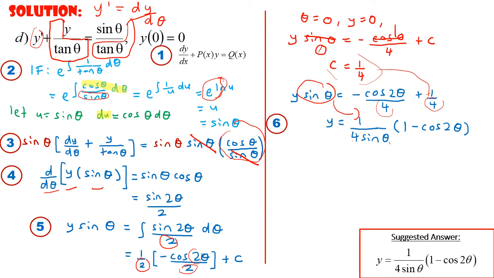Inside here we put bracket, and since this one is negative, we put the negative at the back. So 1 comes first, so 1 minus cos 2 theta. Okay, so that will be our answer, and compare with the suggested answer below here. So luckily we got the correct answer.